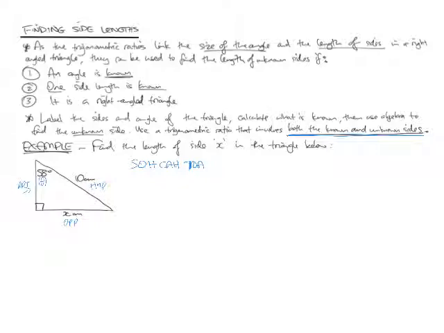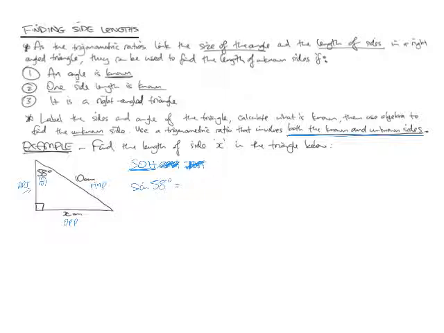Well, it only involves the unknown, so tan's not going to work. Does cosine involve the known and the unknown side? It only involves the hypotenuse, which is known, and we don't know adjacent, so cosine's not going to work, so it must be sine.